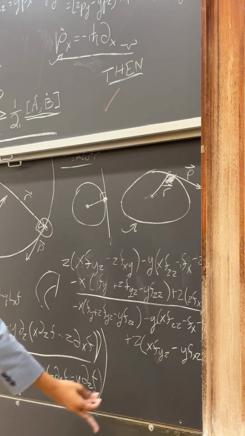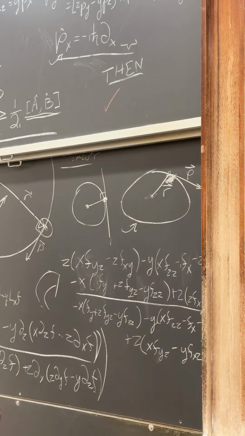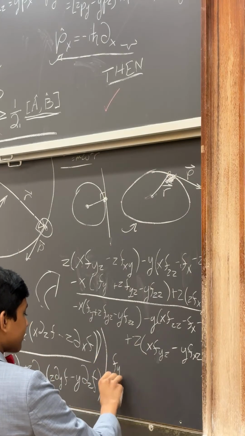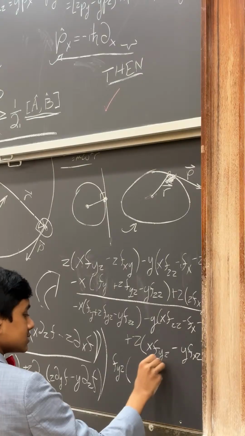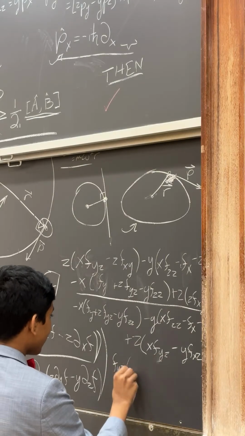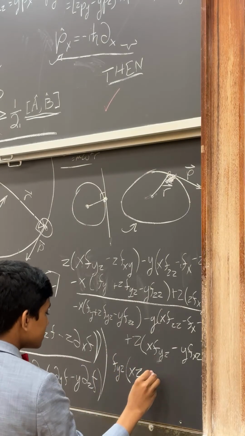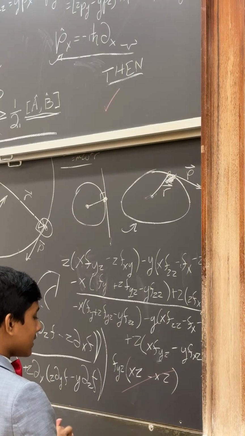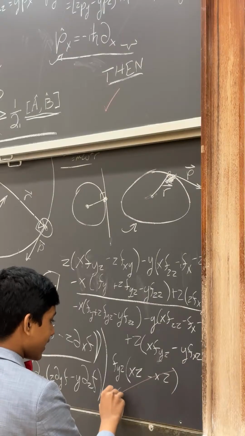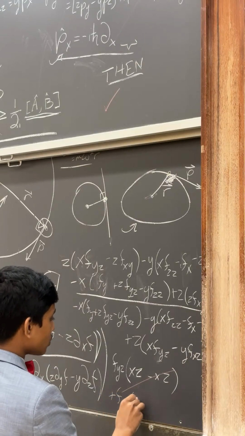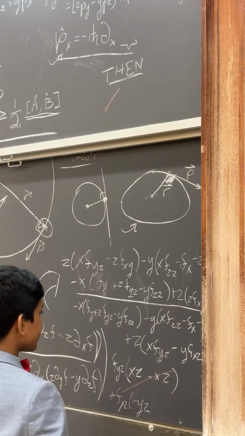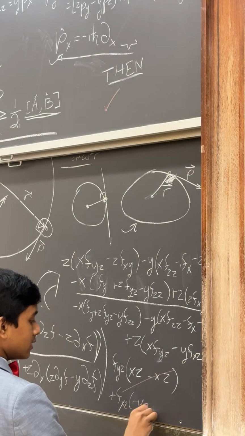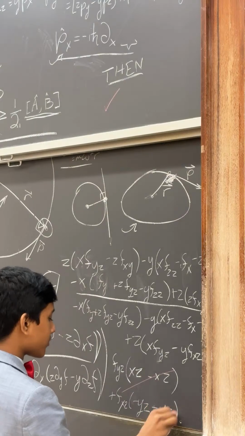So then, what else is left over? Well, now let's refactor this. Factoring out f_yz first, because that's the first thing I see here. We have xz minus xz, which means it disappears. Then the next thing I see is f_xz. There's a minus yz term right there, and there's a plus yz term, or minus y times minus z, which is a plus yz term over there.